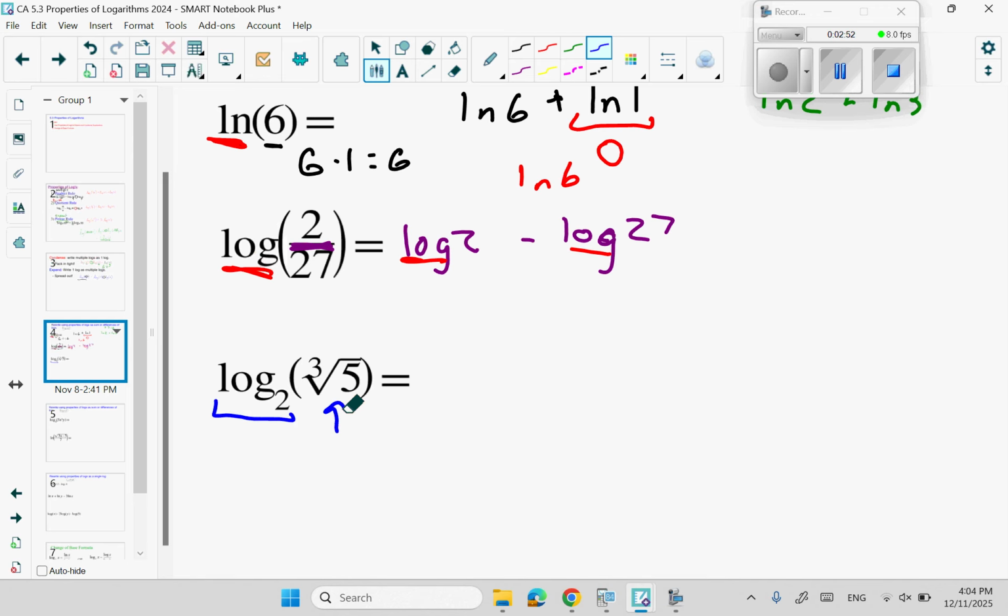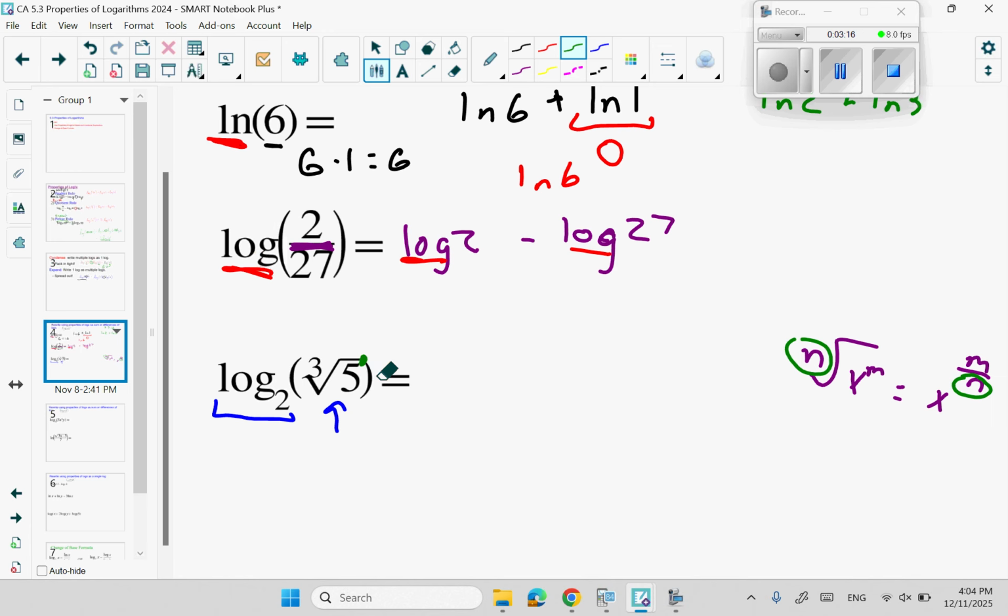Now, I also have the cube root of 5. We haven't talked about radicals really, but if you remember from an earlier unit, as well as way back in Algebra 2, I can rewrite any sort of radical as an exponent where whatever the root number is also goes as its denominator.